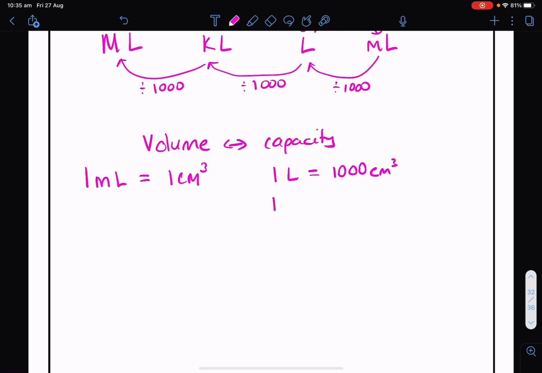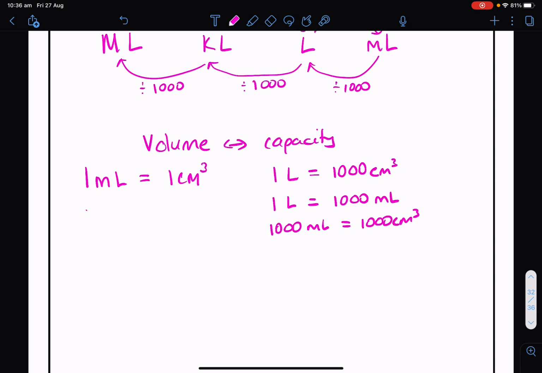We also then can change that to 1 litre into 1000 mils. We already know that one, so that's good. But now we can see from this that 1000 mils also equals 1000 centimetres cubed. Okay, they're a 1 for 1, those ones.